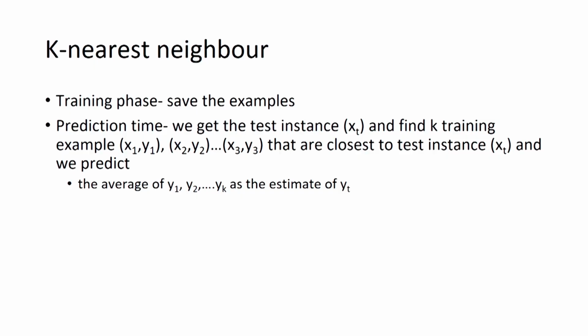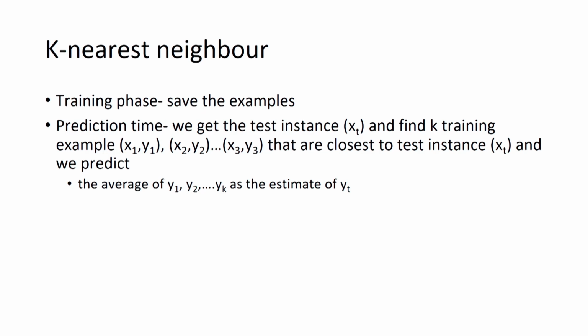We will need to find some method to decide the value of k, but after deciding that, the k nearest neighbor algorithm works as follows. We need to find k nearest neighbors, meaning k instances in your data set that are closest to the test instance, and then we take the average of y1, y2 up to yk, where y1 is the response variable value of the first closest instance, y2 is the response variable value of the second closest instance, and so on.